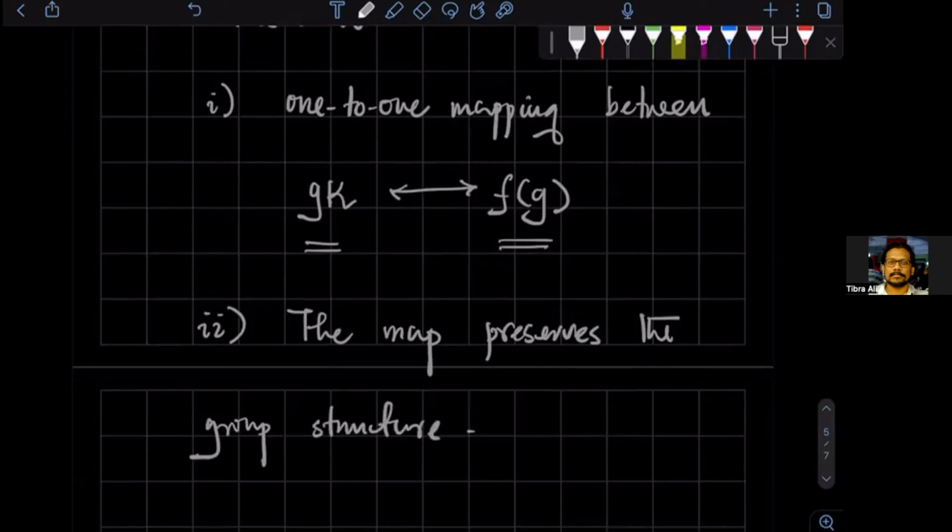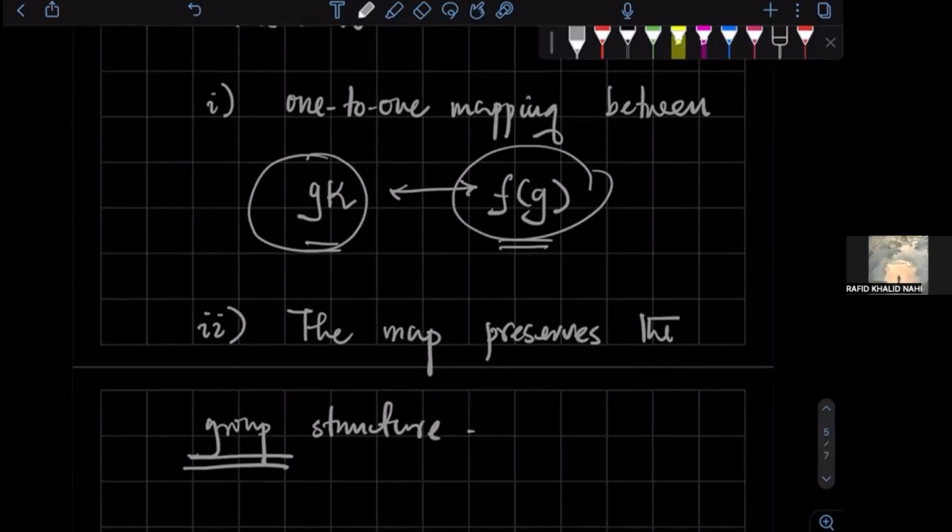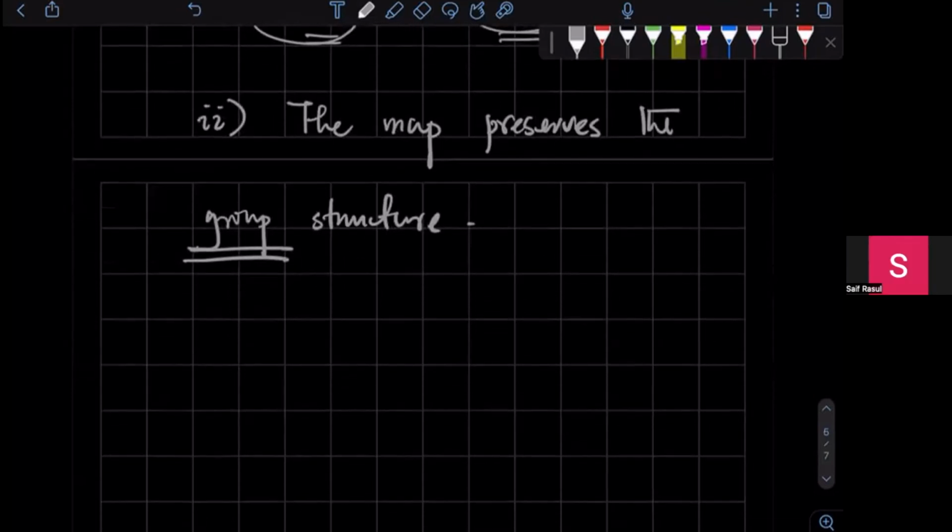Now, what group are we talking about? It's the quotient group, or the group right here, right? So if you are able to show both of these things, then we have proved the theorem. Do you agree? All right, yeah, so makes sense.